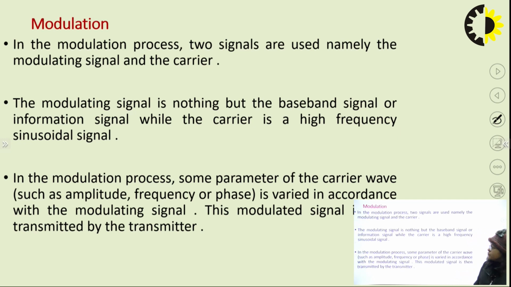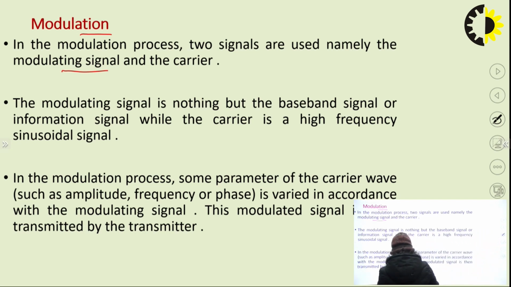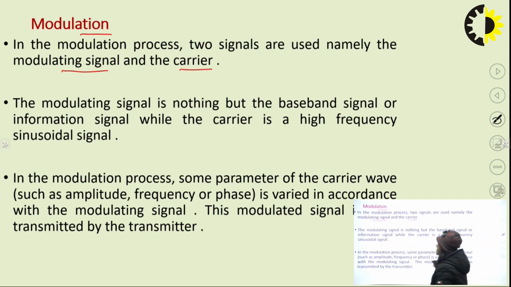So now we move towards a very important topic, that is modulation. It is the heart of communication system. In modulation, two signals are used. One is called the message signal or modulating signal, which is a low frequency signal, and the other is called the carrier signal, which is a high frequency signal.